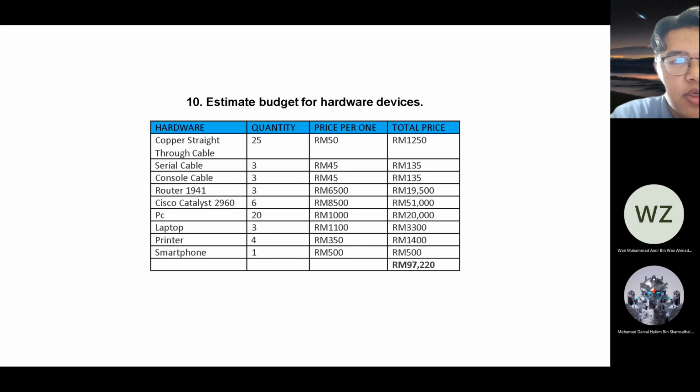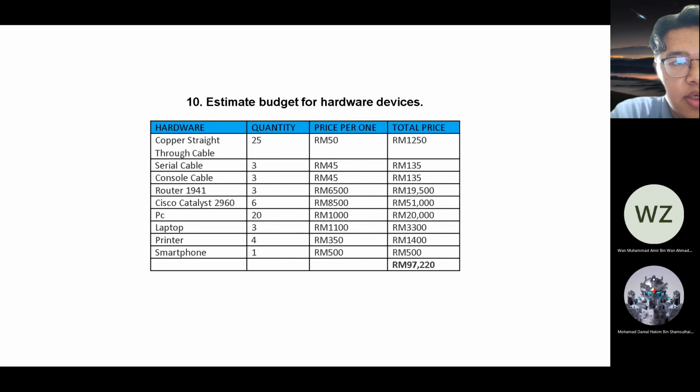Next we have router 1941, quantity 3, and price per one is RM6,500, and the total price is RM19,500.